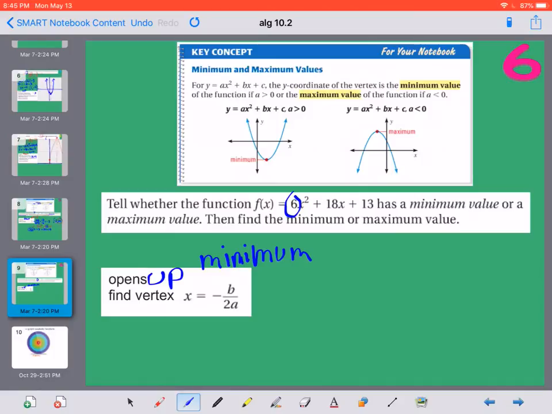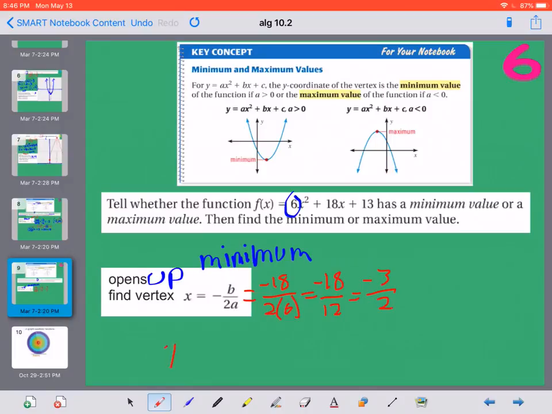Now we have to find that value by finding our x first. Negative b, in this case, is going to be -18 divided by 2 times a, which is 6. So we have -18 divided by 12. In this case, -18 divided by 12 is going to be -3 over 2.